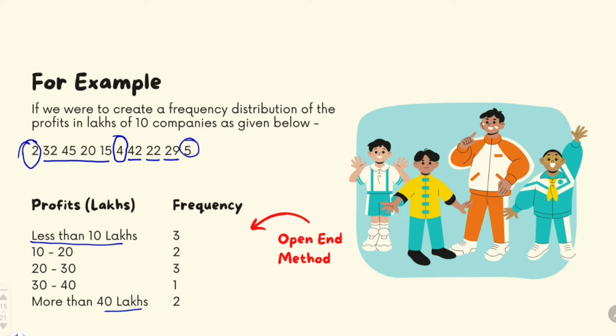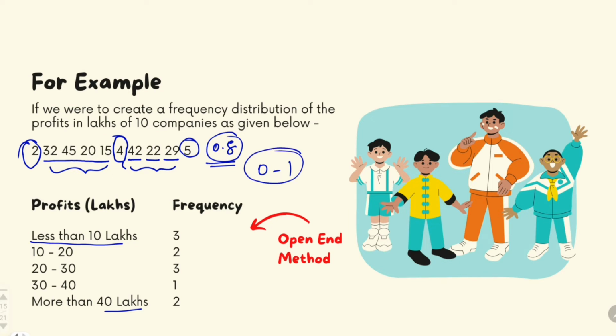So it doesn't make sense to make an entire class for them. Maybe there is one more value like 0.8, a profit of 0.8. Can we put a class, 0 to 1, simply for the sake of 0.8, when all the others are in the ranges of tens, right?